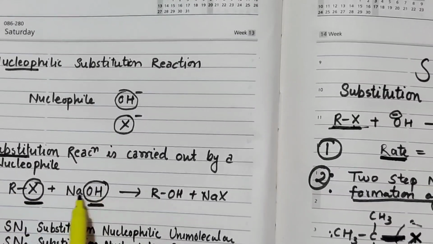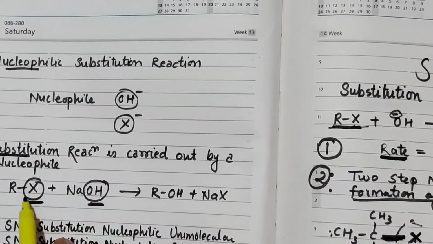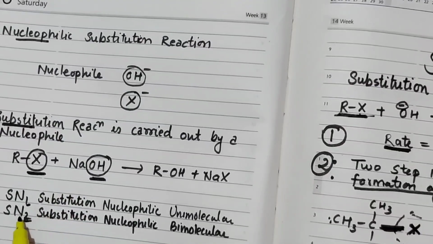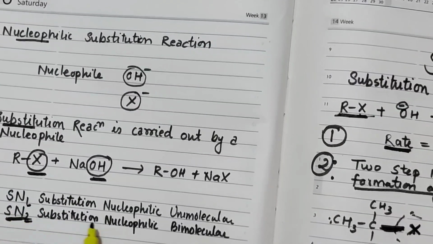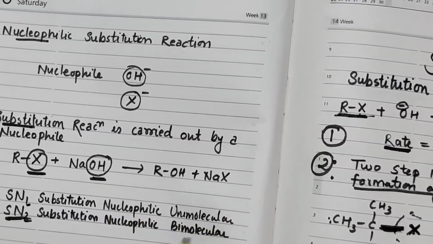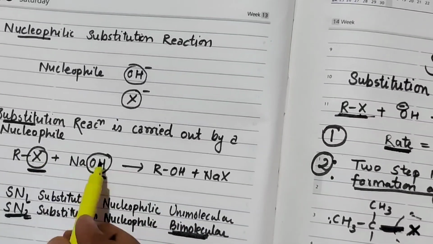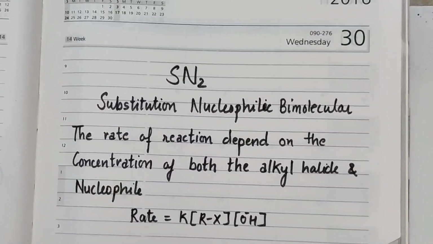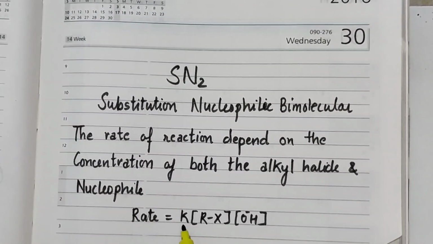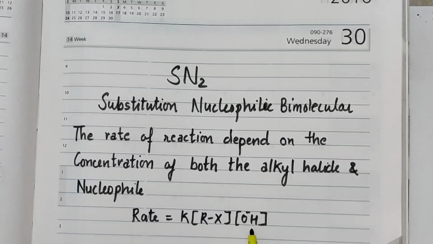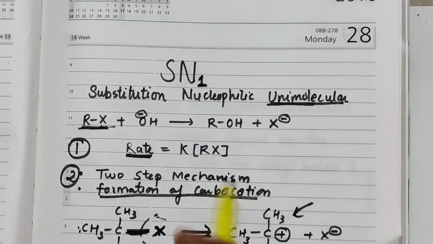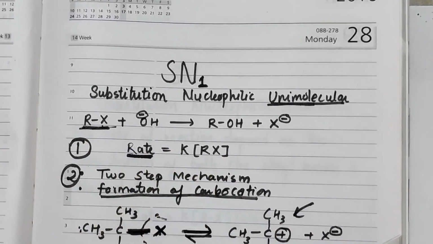This is the alkyl halide, this is the nucleophile, and when the rate depends upon both of them, then it is known as SN2, substitution nucleophilic, and hence it is bimolecular because the rate depends upon two molecules. So in this case, rate is equal to K times the concentration of alkyl halide as well as of the nucleophile. Whereas in case of SN1, it only depends upon alkyl halide.